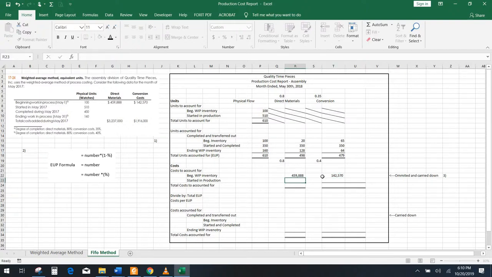Okay. Then started in production 3,237,000 and 1,916,000. Okay. So because we're omitting these, this is just going to equal this, and this is just going to equal this.